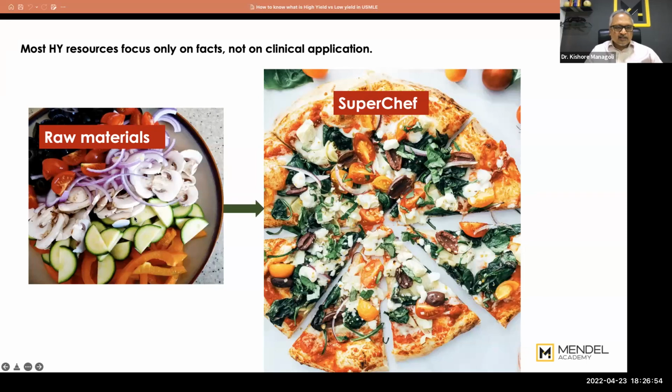They don't give you the clinical correlations or the mechanistic correlations. So it's like you being provided with the raw materials. But if you want to be a super chef, you have to be able to create a good pizza. You have to be a winner. Then you have to know how to create a delicious recipe out of the raw materials.